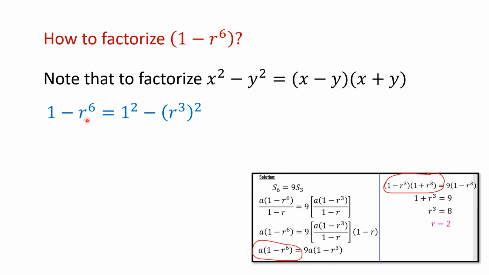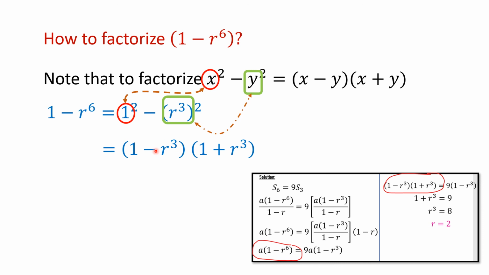We can change this one become x squared minus y squared. So we have 1 square minus r to the power of 3 square. If we simplify this one, we still get r to the power of 6. And now by comparison, we can say x equal to 1 and y equal to r to the power of 3. Therefore, our two factors are 1 minus r to the power of 3. Another one is 1 plus r to the power of 3.